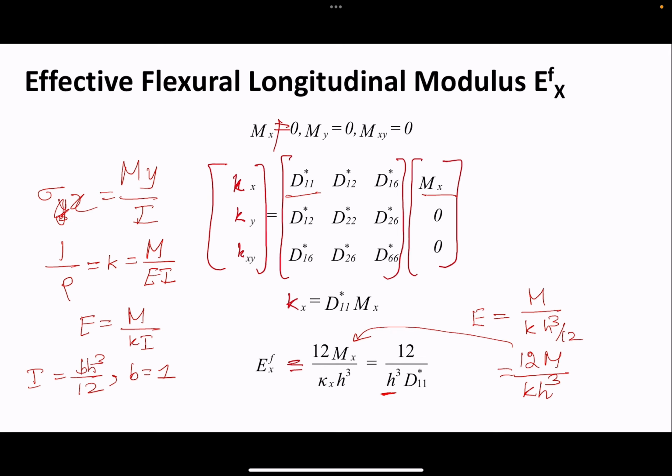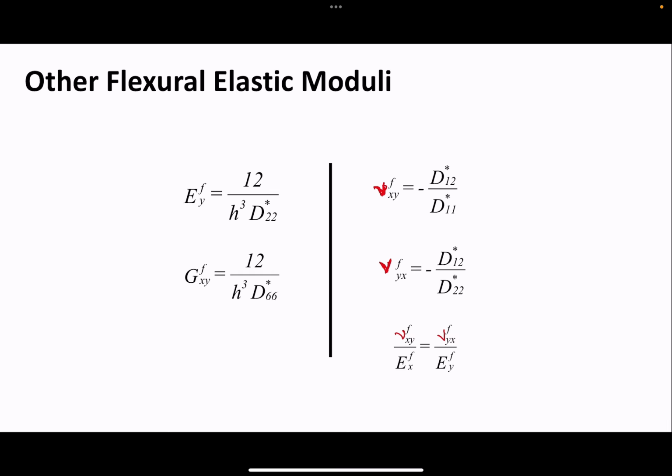You do similar things. You make My non-zero and then you make Mxy non-zero, and then you do the same thing for the Poisson's ratios. If you do that, I have all the relationships in here.